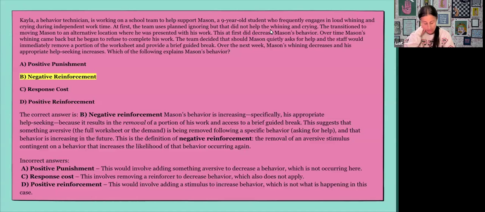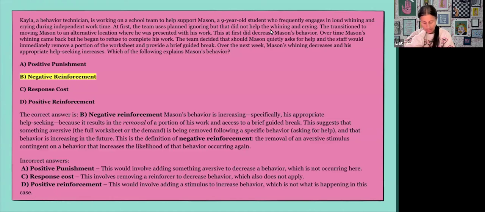Over time, Mason's whining came back, and he began to refuse to complete his work. The team decided that should Mason quietly ask for help, the staff would immediately remove a portion of the worksheet and provide a brief guided break. Over the next week, Mason's whining decreased and his appropriate help seeking increased. Which of the following explains Mason's behavior?